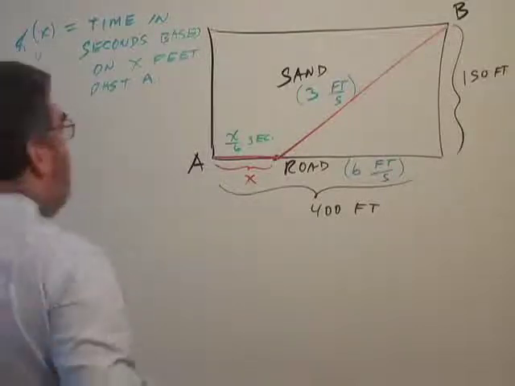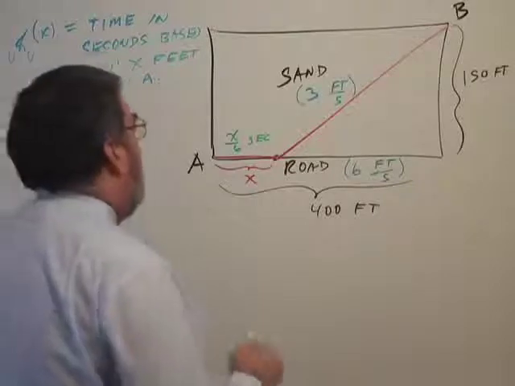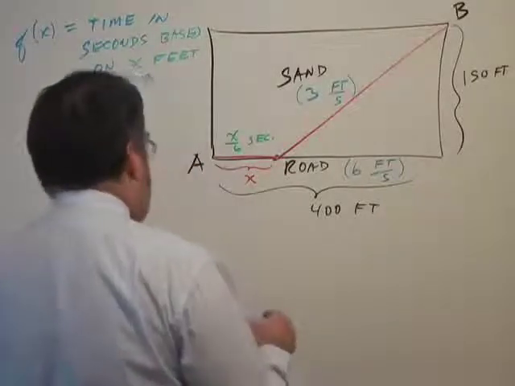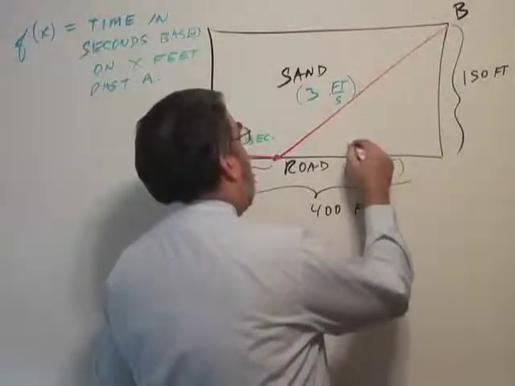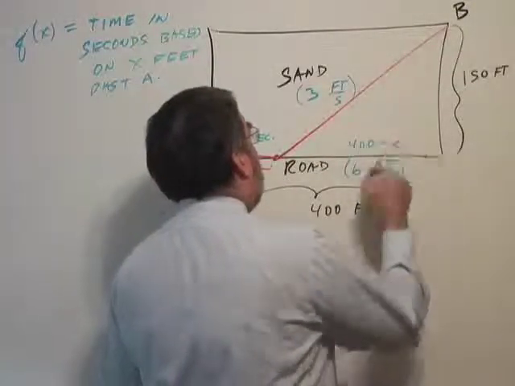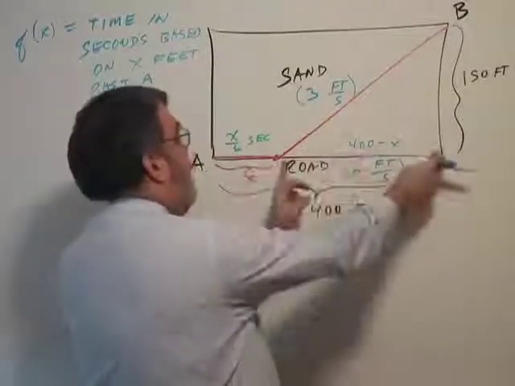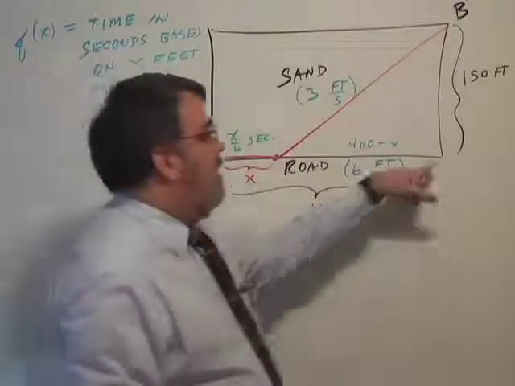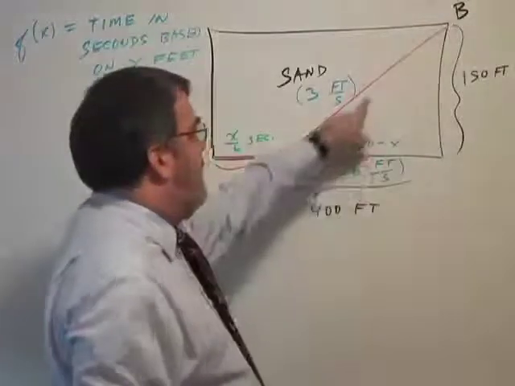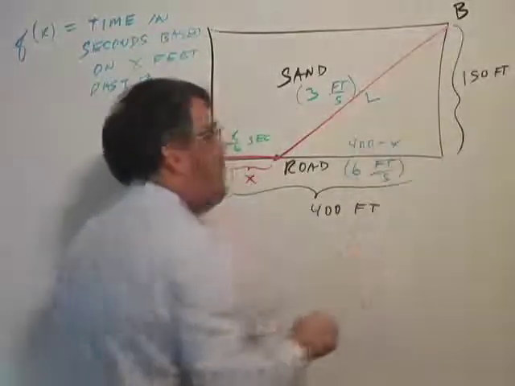The triangle is, let's see, this is going to be how long? 400 minus x feet. The total length of 400 minus that portion is 400 minus x. The height is 150 feet, and let me just call the diagonal L for the moment.